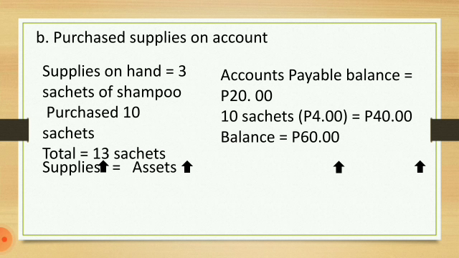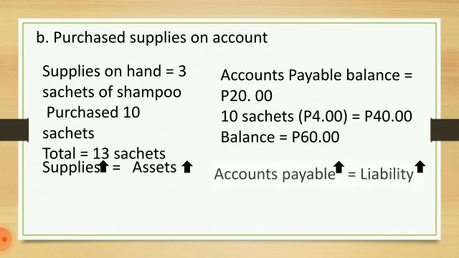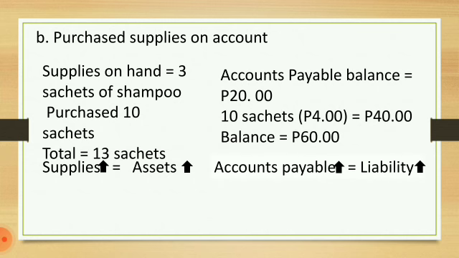Therefore, what happened to your accounts payable? Your accounts payable is increased. Now, to which major account does accounts payable belong? It belongs to liability. Therefore, when you increase your accounts payable, your liability is also increased.